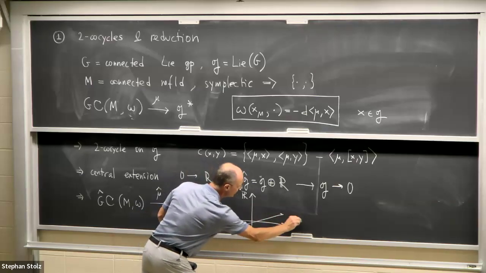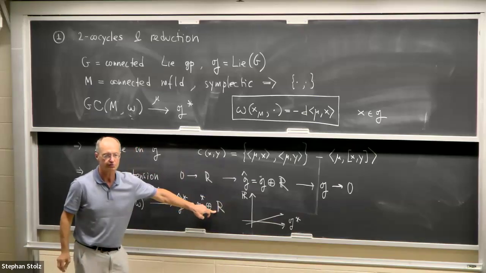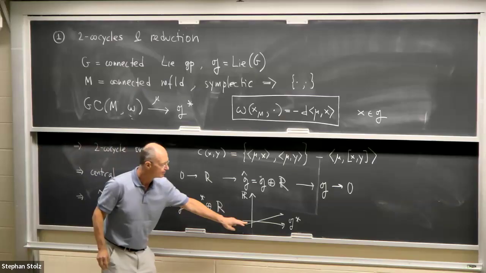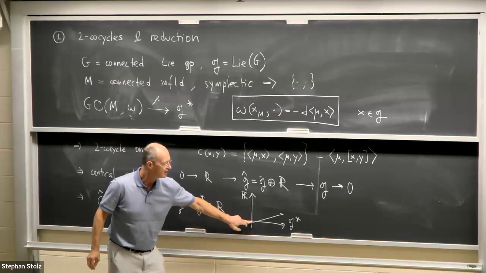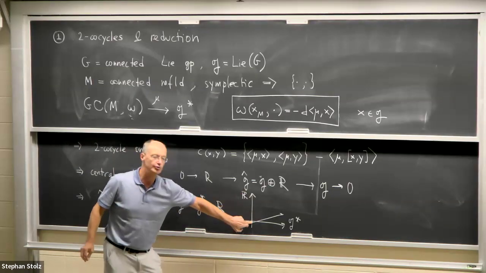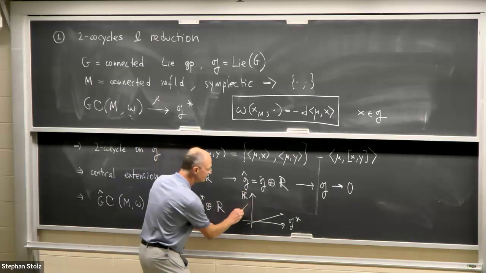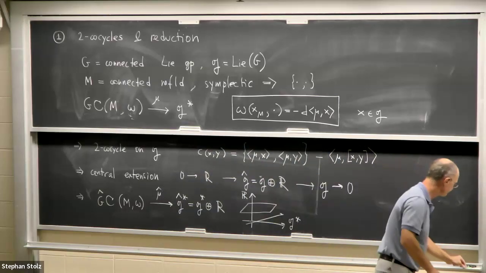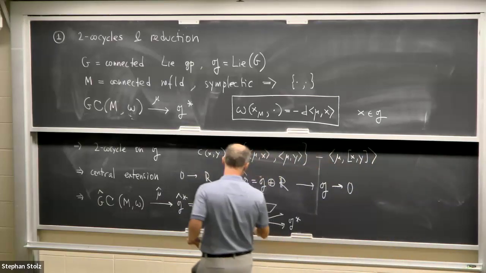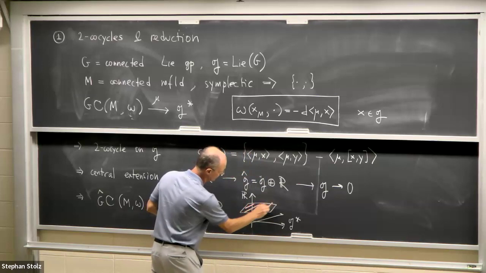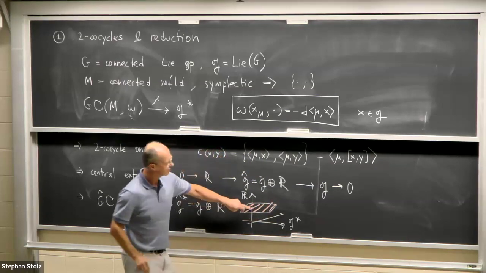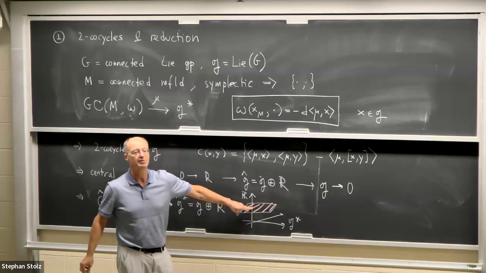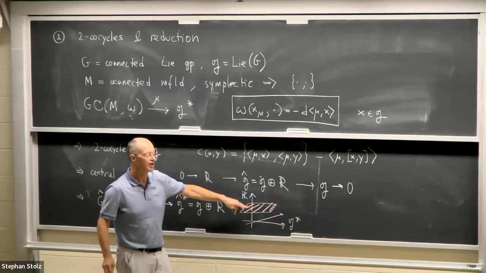So this is G star, and this is this R direction. And this map mu hat lands either in the hyperplane which corresponds to the value 0 here, or if the central extension is non-trivial, it lands in some, maybe let me try to color it, some non-trivial hyperplane, which may be a hyperplane of 1 on the R-axis.